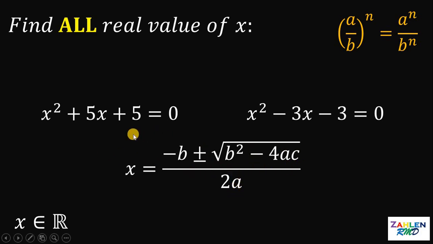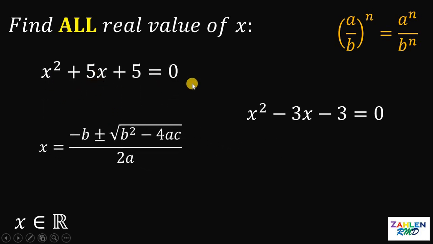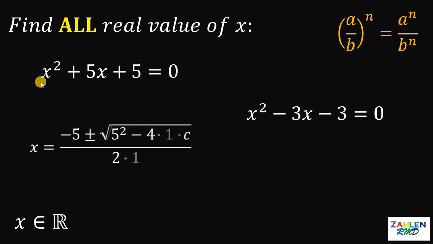Now, let's use the quadratic formula on the first equation, x squared plus 5x plus 5 equals 0. Wherein this b is 5, so we can replace all b with 5. And this a must be 1. And this c must be equal to 5. Now, let's simplify the number inside the square root.